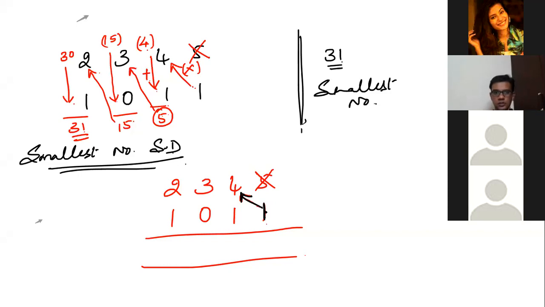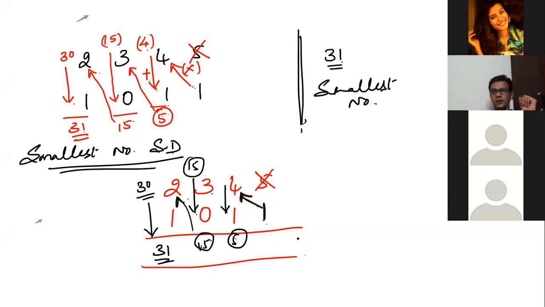Remember this much. Cross multiply: 1 4s are 4. Vertical add: 4 plus 1, 5. Cross multiply: 5 3s are 15. Vertical add: 15 plus 0, 15. Cross multiply: 15 2s are 30. Vertical add: 30 plus 1, 31. Are we clear?